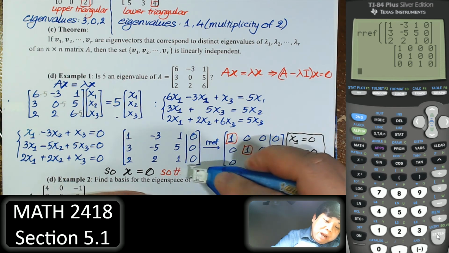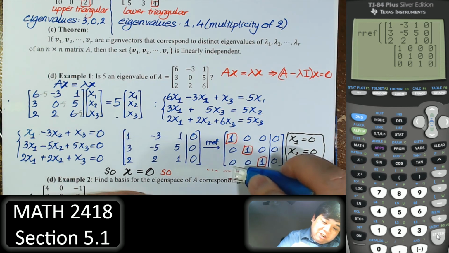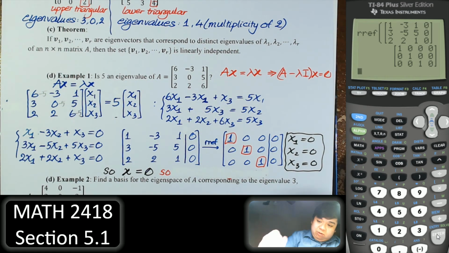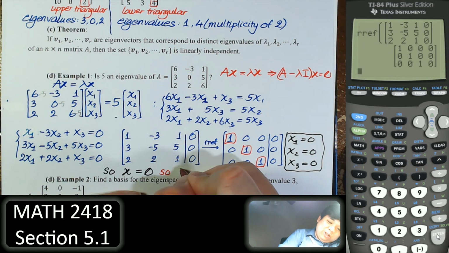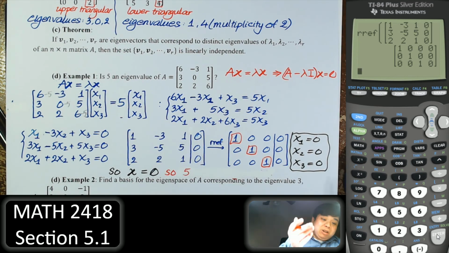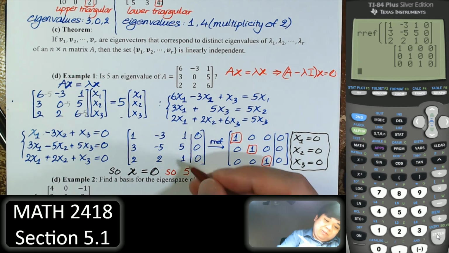Actually, there may be an eigenvector, but it's just not 0. So the conclusion here is that since 0 cannot be an eigenvector, 5 is not an eigenvalue. That is the proper conclusion, because there may be an eigenvector, but it's something else corresponding to different values.